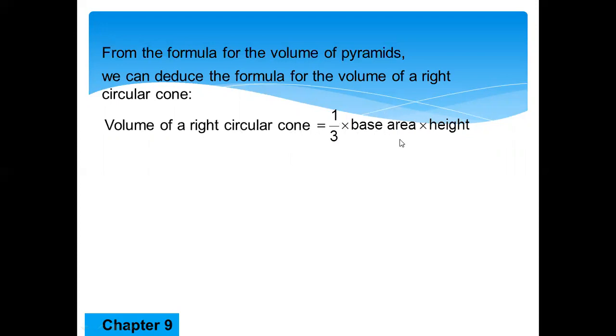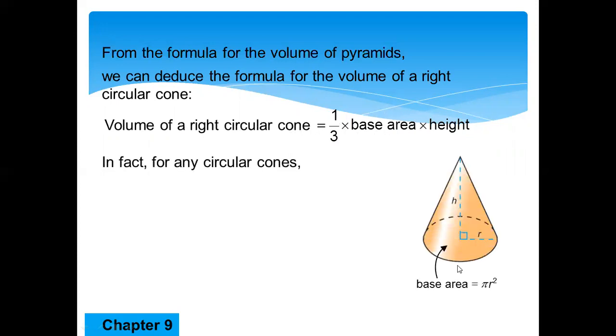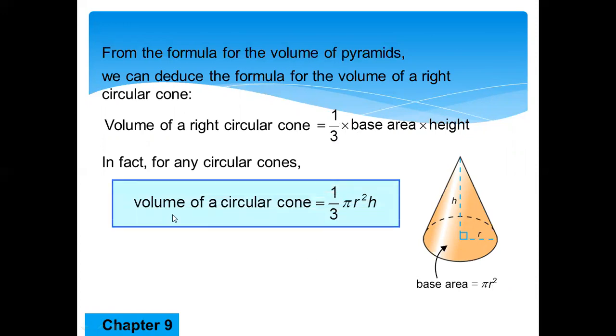What is the base? What area is the base? It is a circle. Area of circle, pi r squared. So, volume of a cone is 1/3 times pi r squared h.